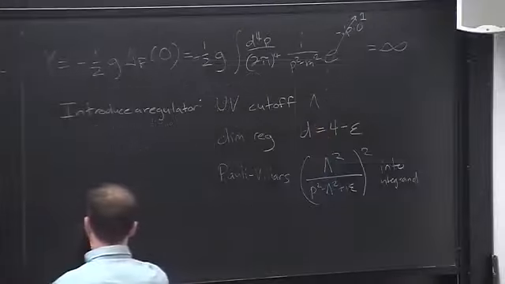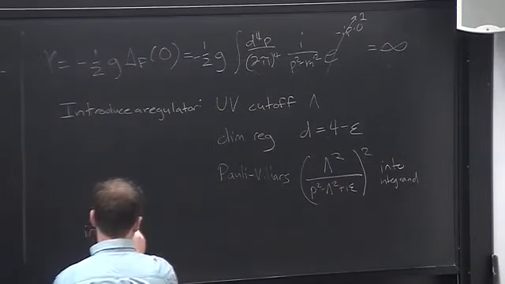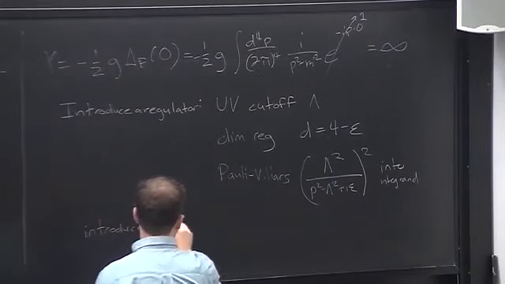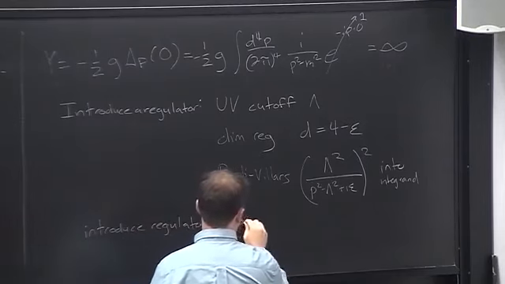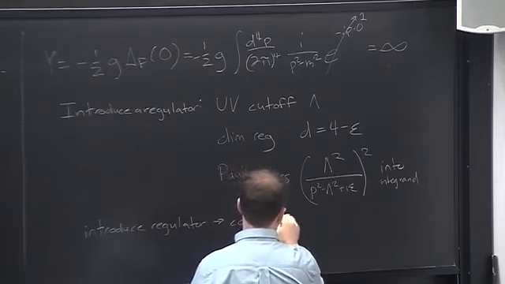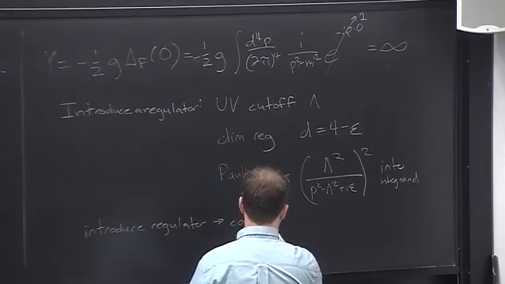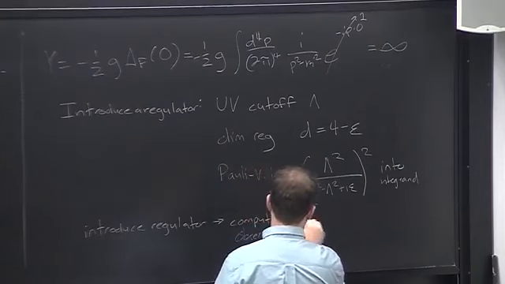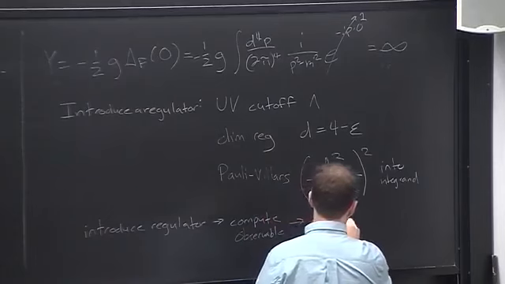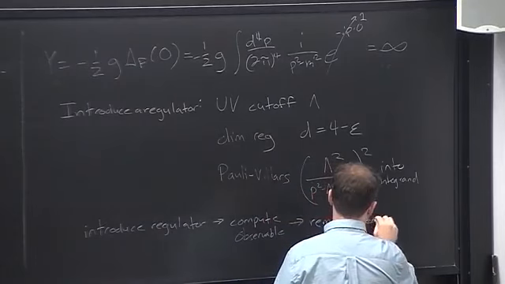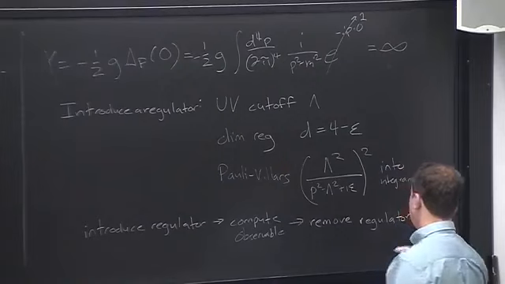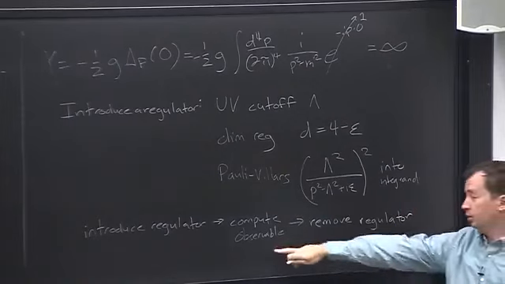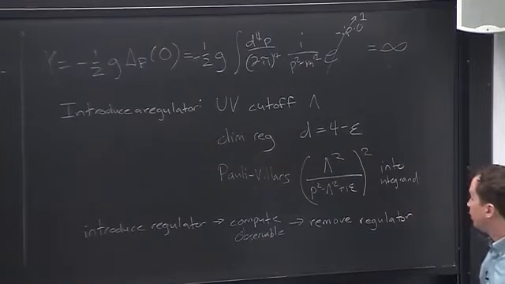So the procedure is we introduce a regulator, then we compute the observable, and then we remove the regulator, which, if we've done our calculations correctly, should not appear in our final expression for the observable.